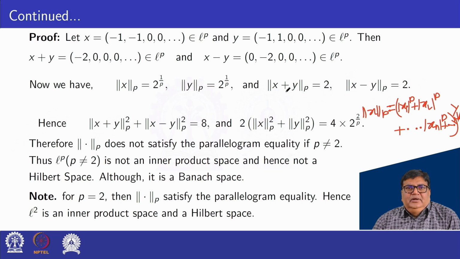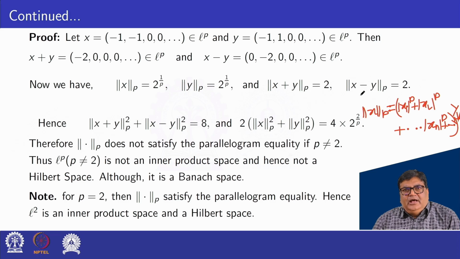And the norm of x plus y under the p-norm is 2, because here mod of -2 power p is 2 power p, and whole power 1 by p gives norm of x plus y equal to 2.